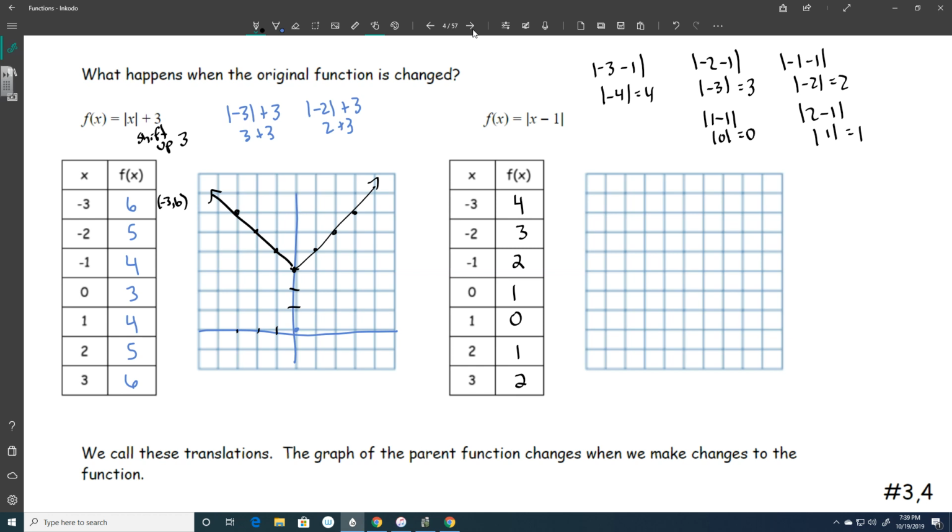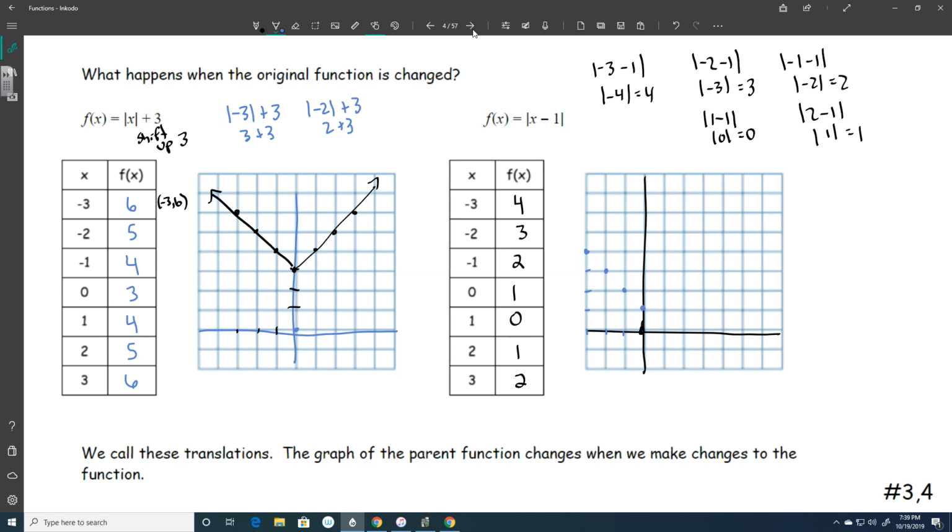So this time, if this is my graph here, we'll call this point our 0, 0. This time, negative 3, 4. So negative 1, 2, 3 goes up 1, 2, 3, 4. Negative 2, 1, 2, 3. Negative 1, up 2. 0, 1.